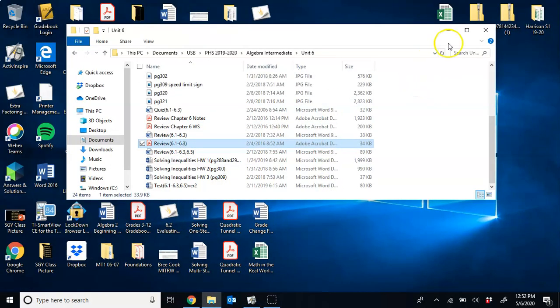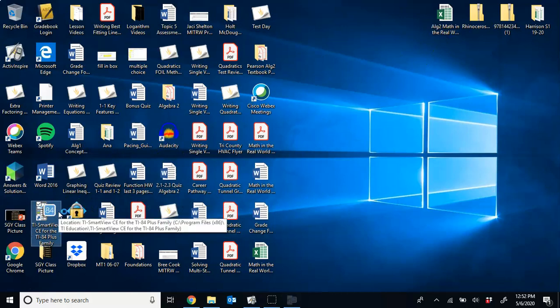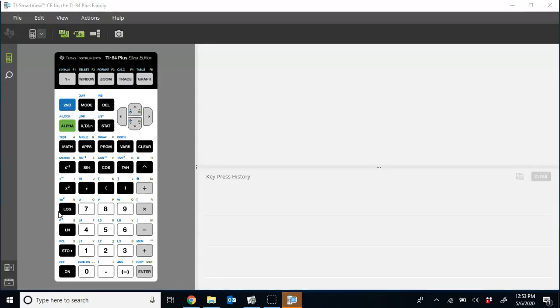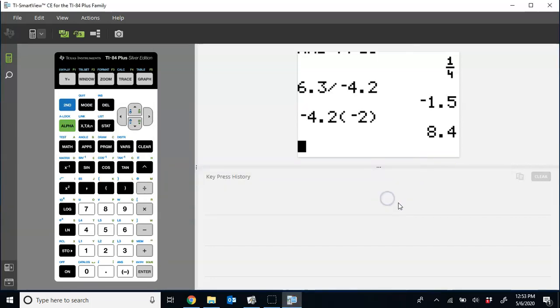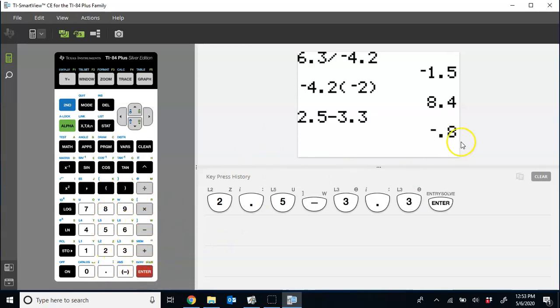It is my strong encouragement that whenever you come across decimals especially, don't try to do too much in your head. Even I mess up a lot of times when I'm trying to subtract and add decimals in my head too quickly, with money even. So very important to take that 2.5 minus 3.3 and actually type it out in your calculator to see that it's negative 0.8.